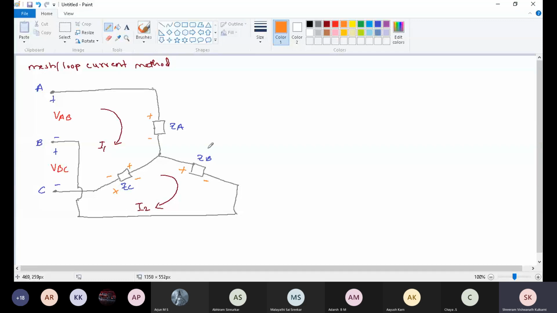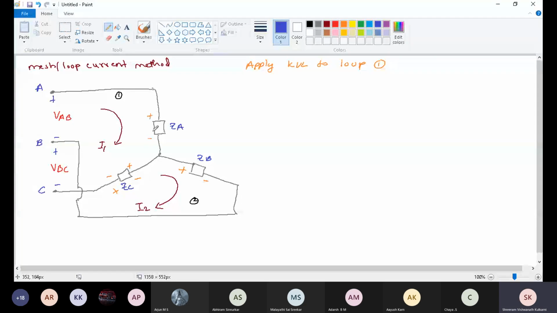Okay, now next step, apply KVL to loop 1. Here this is loop 1, this is loop 2. Now apply KVL for loop 1.